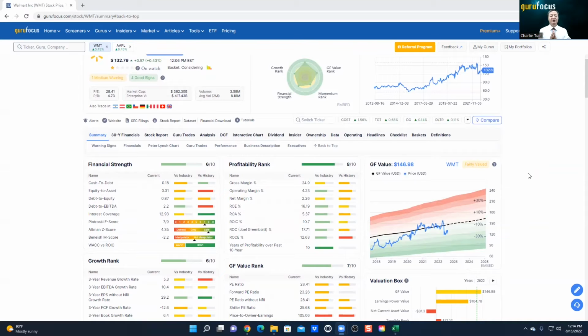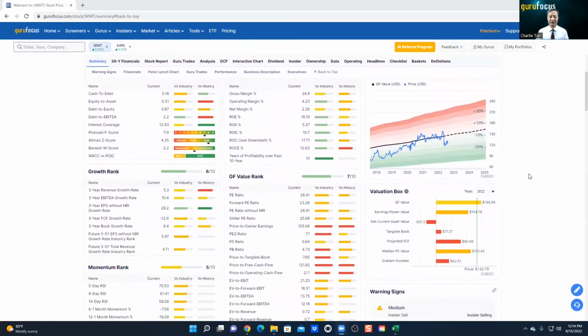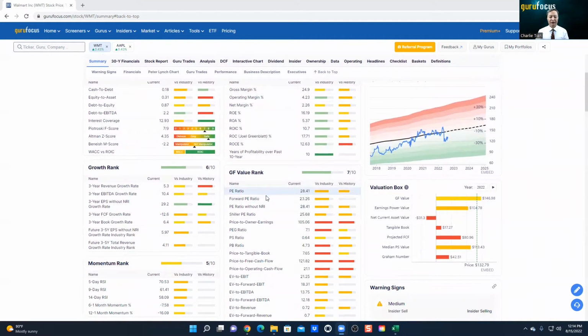Why did we develop the GF Value concept? The reason is that the most popular, most frequently used valuation ratios like PE ratio and forward PE ratio have their own problems. They cannot be applied to every company because of the company's own business behaviors.